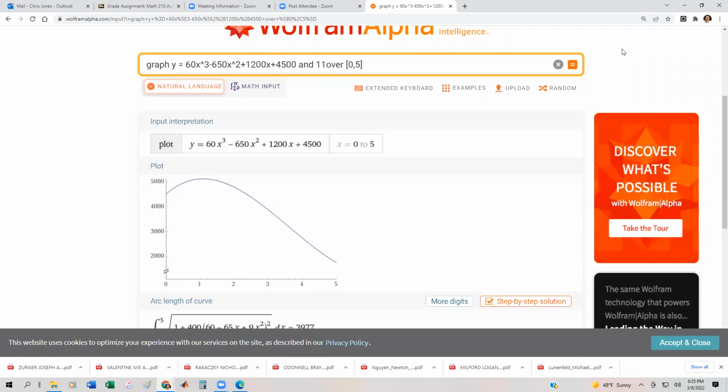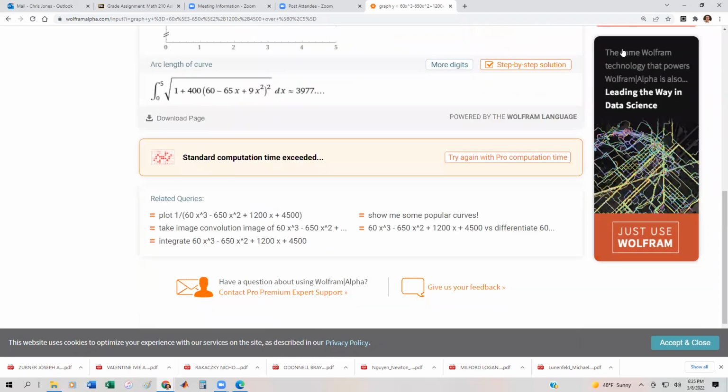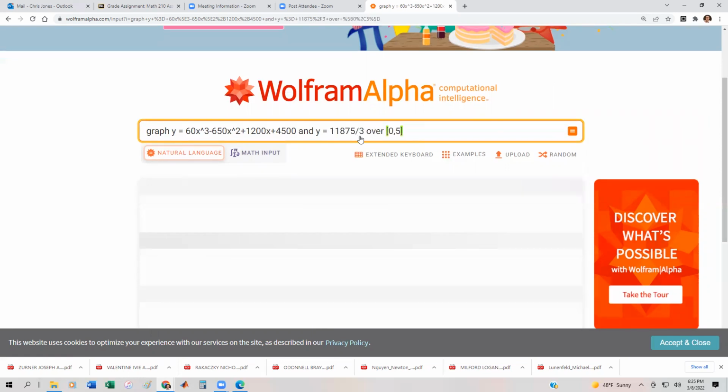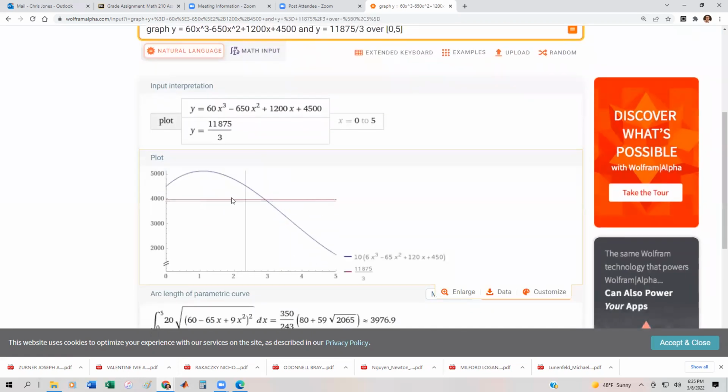So let's plot 11875 over 3, and that would be y equals that, and our domain is 0 to 5. Let's see what that looks like. And then here is our graph of the function, but then here's our average value right here.